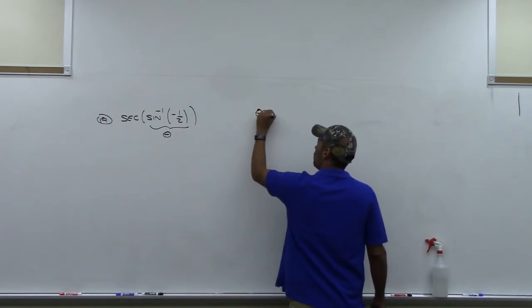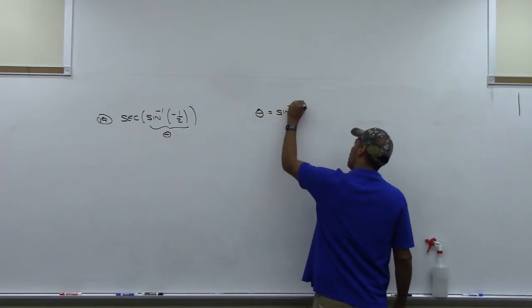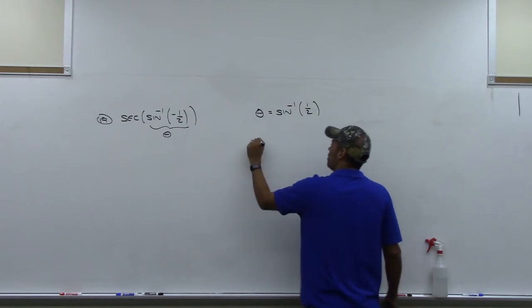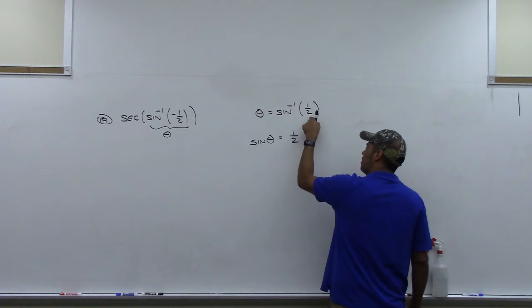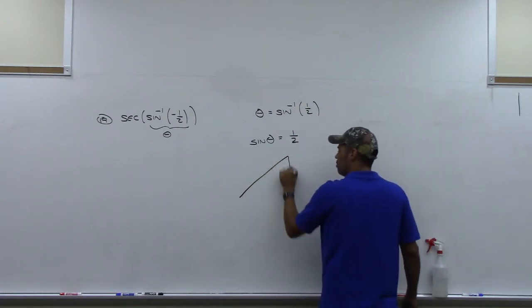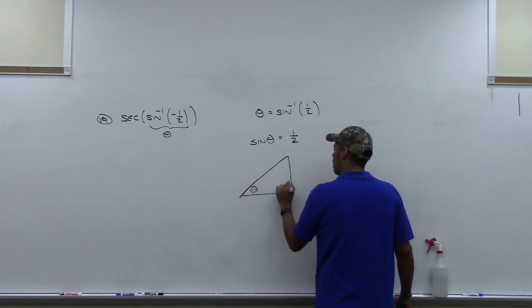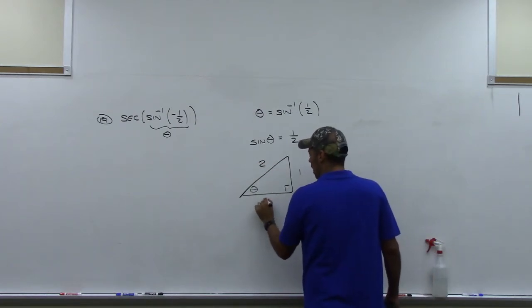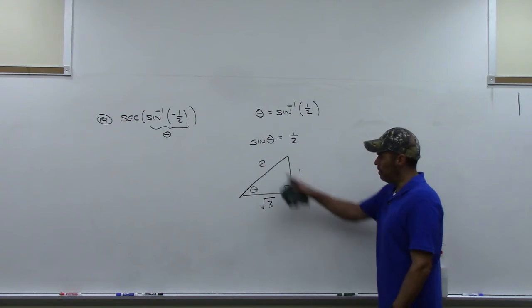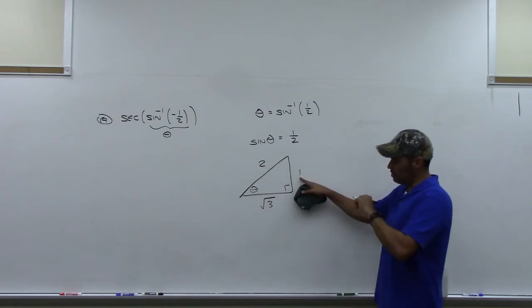So theta equals arc sine of -1/2. And then sine on both sides. It's valid because that's between -1 and 1. Draw a reference triangle. 1 and 2 here, opposite over hypotenuse. This side then would have to be root 3. This squared minus this squared, take the square root.